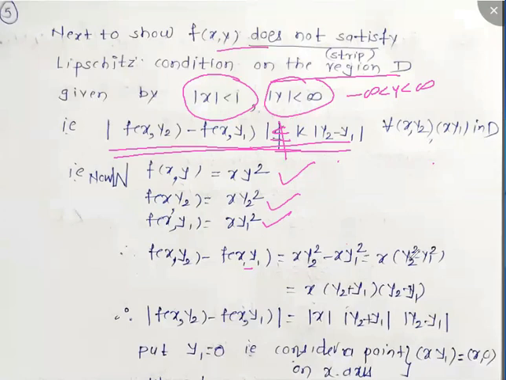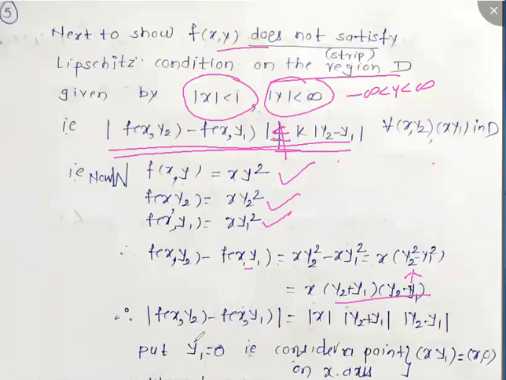Same, a square minus b square is a plus b, a minus b, so it is y2 plus y1 into y2 minus y1. These are the factors for y2 square minus y1 square.